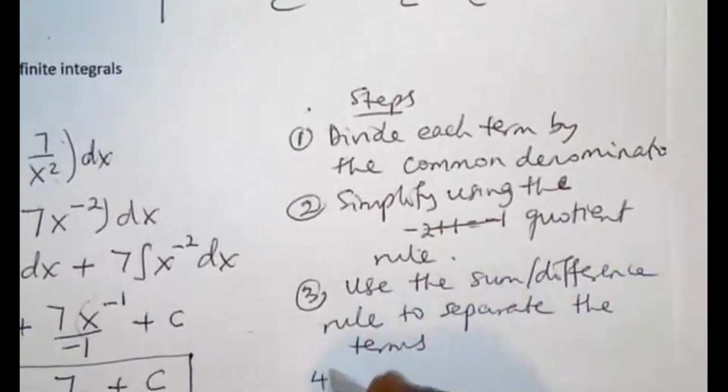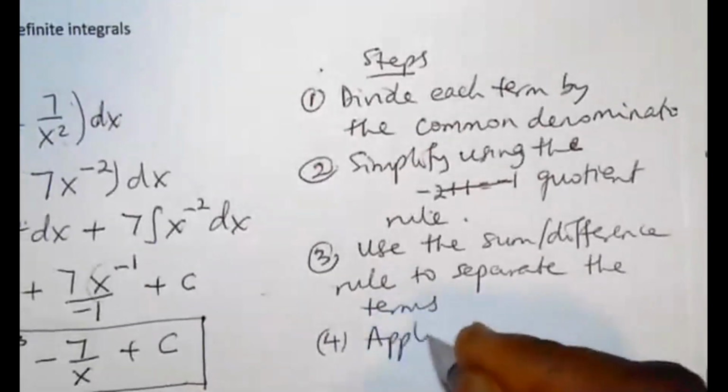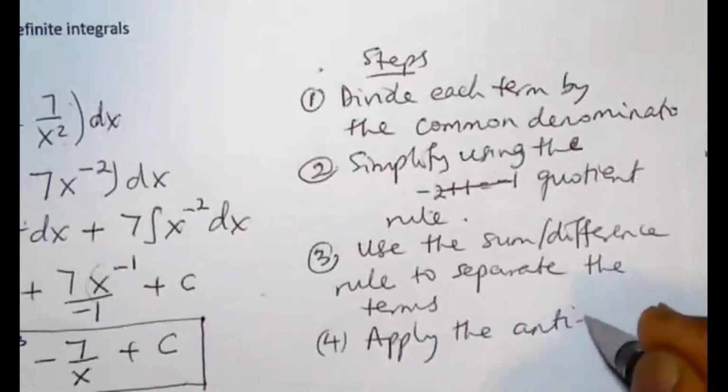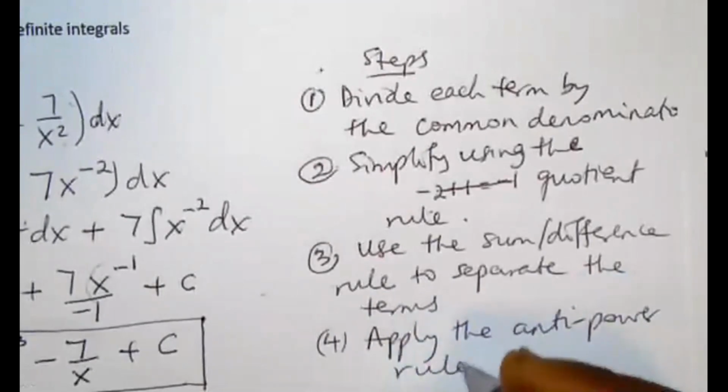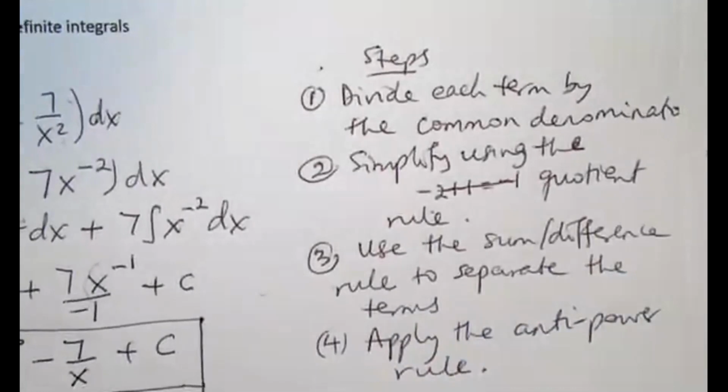And then 4, apply the anti-power rule. Okay. So those are the key steps for doing this problem.